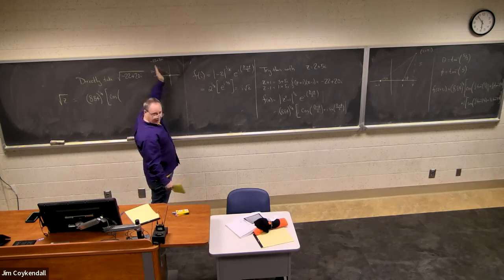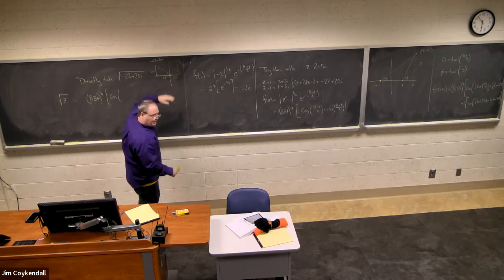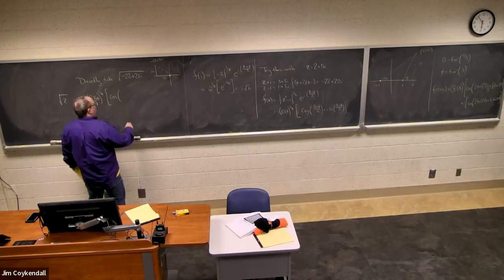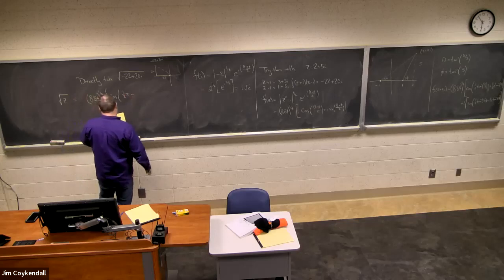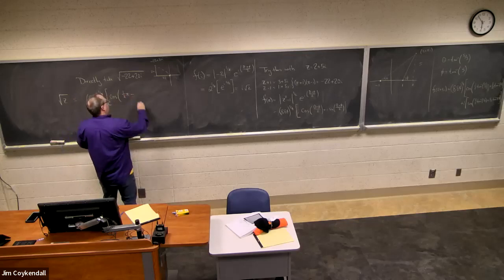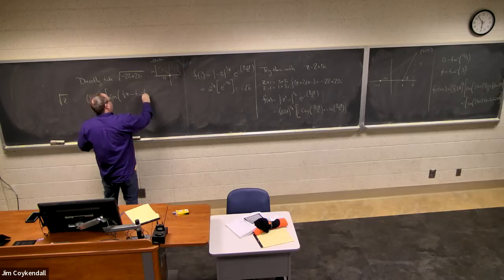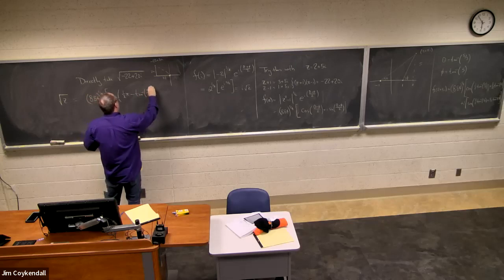Everybody agree with that? So this angle should be pi, take away the inverse tangent of 10/11, because I'm going to get this back in the right quadrant. So remember, we're taking half of this. So this is 1/2 pi minus the inverse tangent of 10/11.